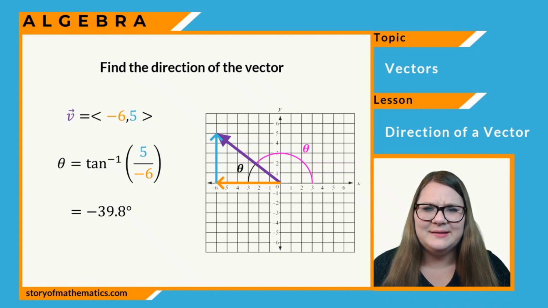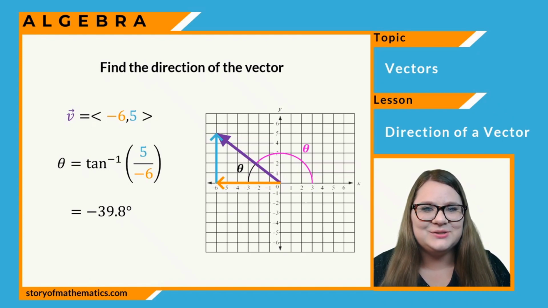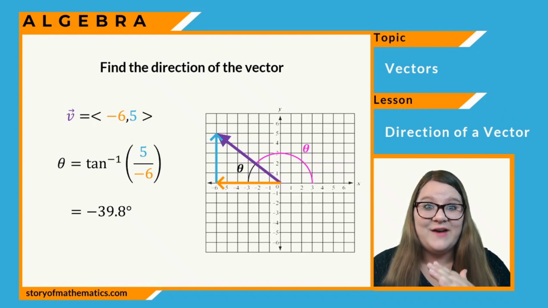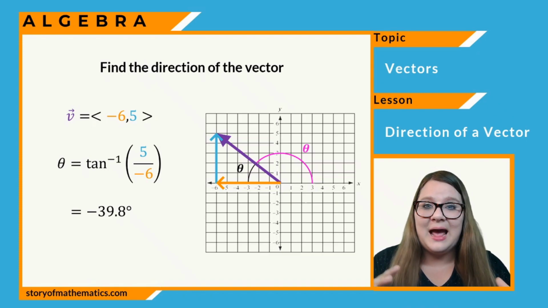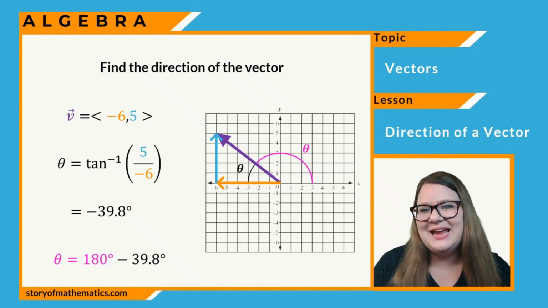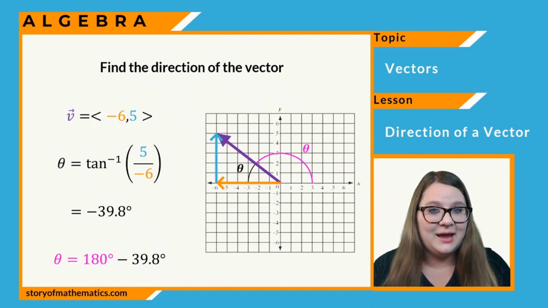So how do I find that? Well, I know that I've gone backwards 39.8 degrees to get that vector from the negative axis. And that negative x-axis is really a full 180. All right, so think about it as the pink and the black have to be supplementary angles. So what I'm going to do is I'm going to say my theta in pink is 180 degrees minus 39.8, because that's how much the little angle is.